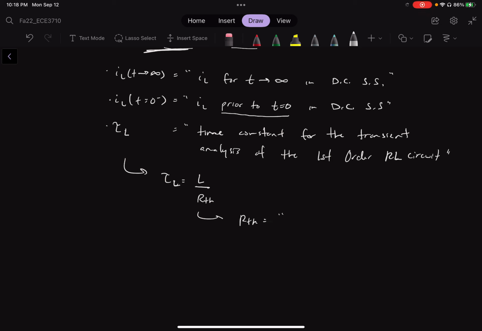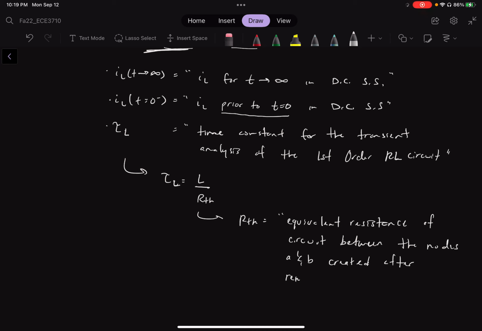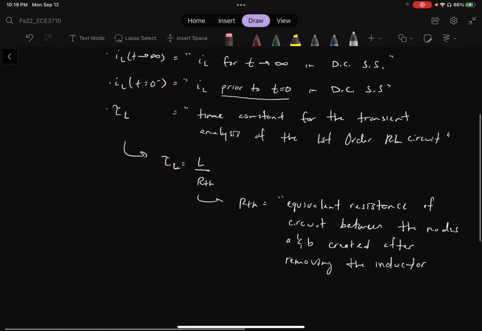R Thevenin is equal to the equivalent resistance of the circuit between the nodes A and B created after removing the inductor and zeroing out your sources.